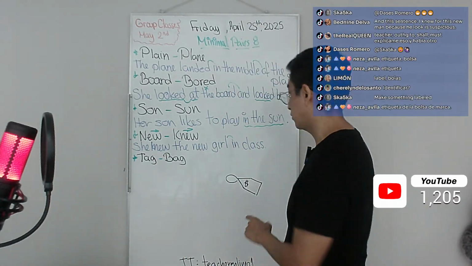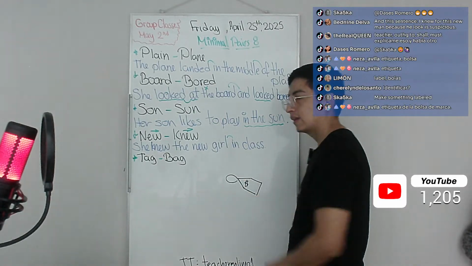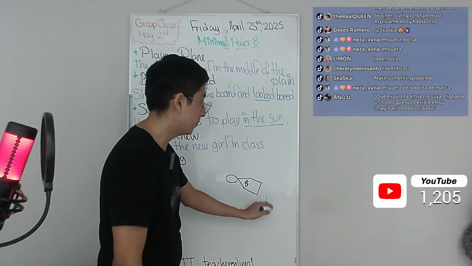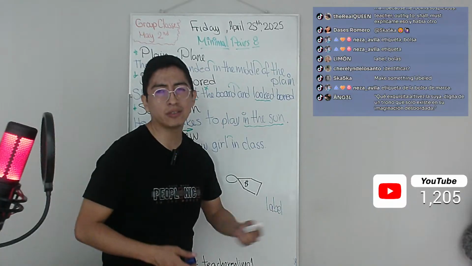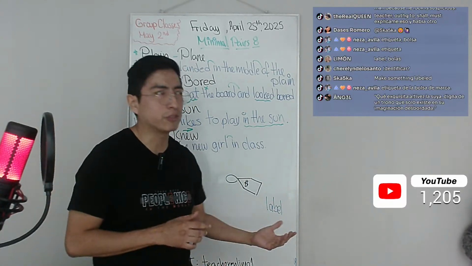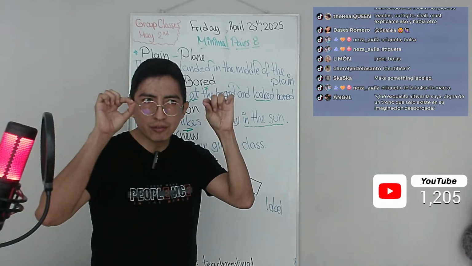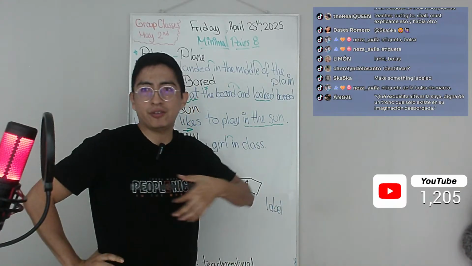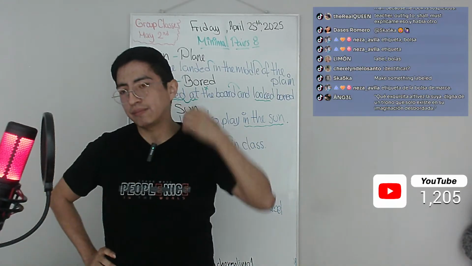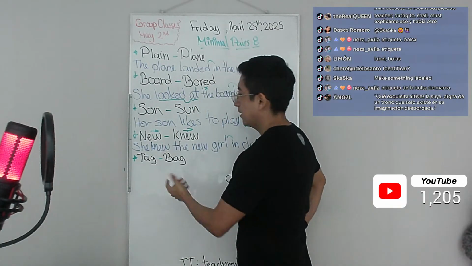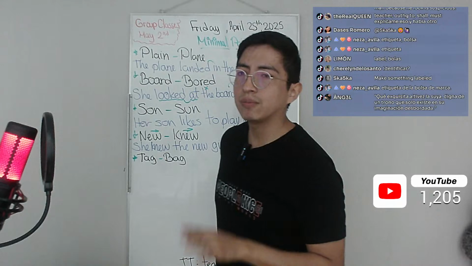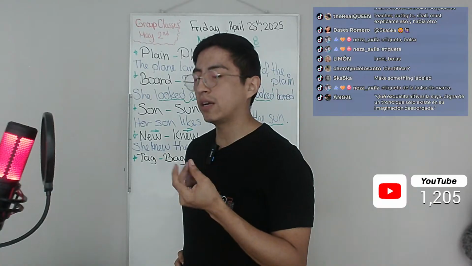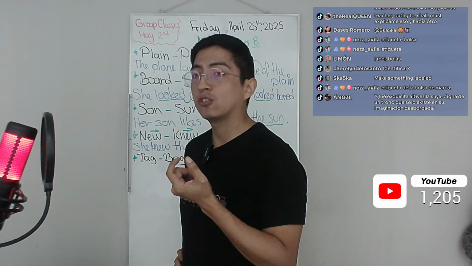In that case, we use tag like this, okay? Number one. We also have something similar called label. Label is also very similar because it's related to a piece of paper to identify something, okay? So you can have a tag here for a label too. Now, nowadays it's very common that we use tag when we are using social media.